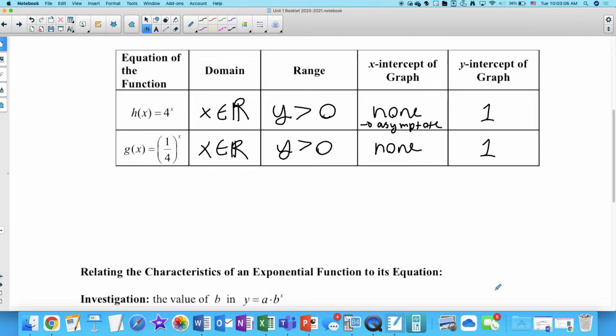So if b, the base, is greater than 1, that means that I'm multiplying by something more than 1. What's going to happen to my numbers? Yeah, it's going to increase. So if the base is greater than 1, I'm going to get this.